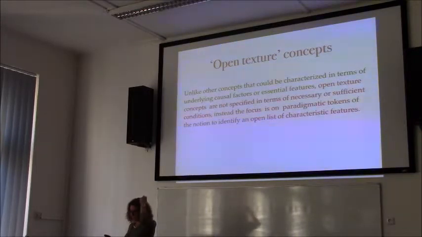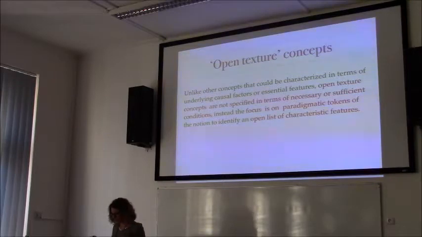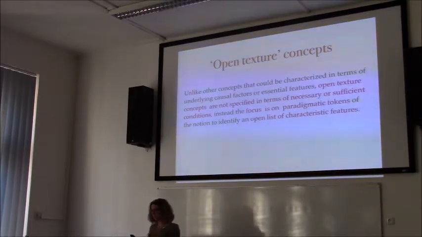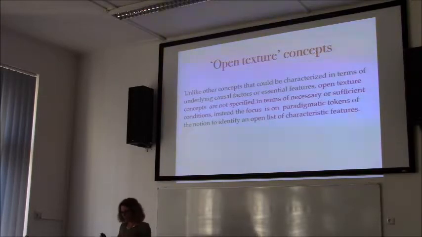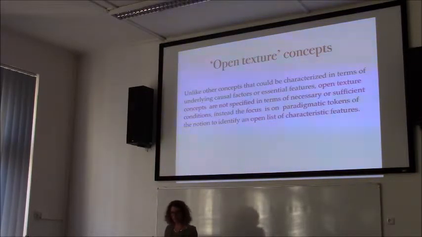So, unlike other concepts that could be characterized in terms of underlying causal factors or essential features, open texture concepts are not specified in terms of necessary and sufficient conditions. Rather, we focus on paradigmatic tokens to identify the notion, and then we identify an open list of characteristics.